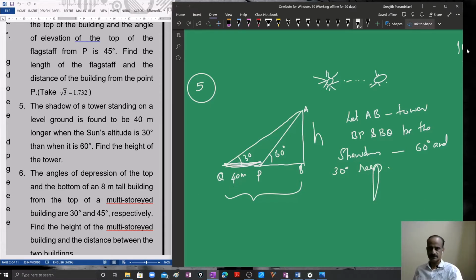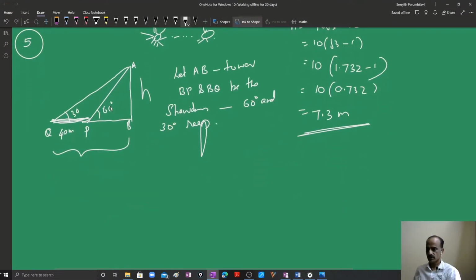So this is the case. We have been asked to find the height of the tower. So in order to find the height, let BP be equal to X meters. This is H meters.